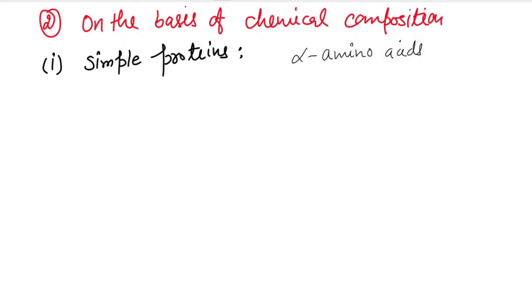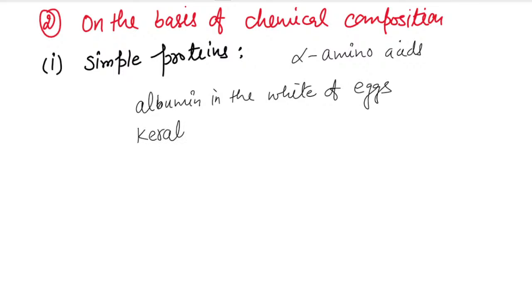For example, albumin, in the white of eggs, and keratin, in hair and nails.